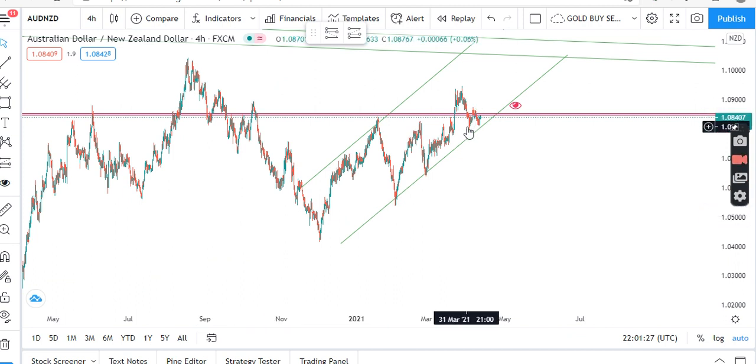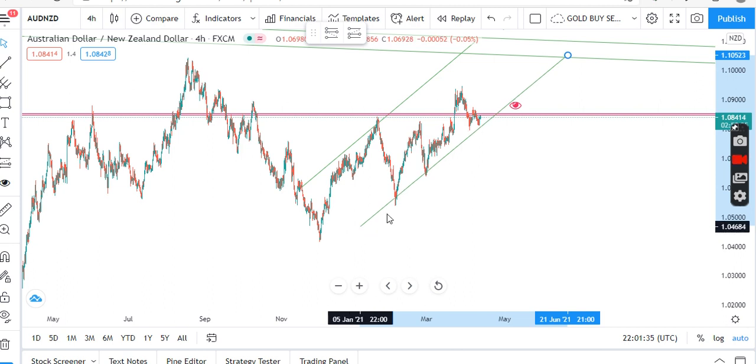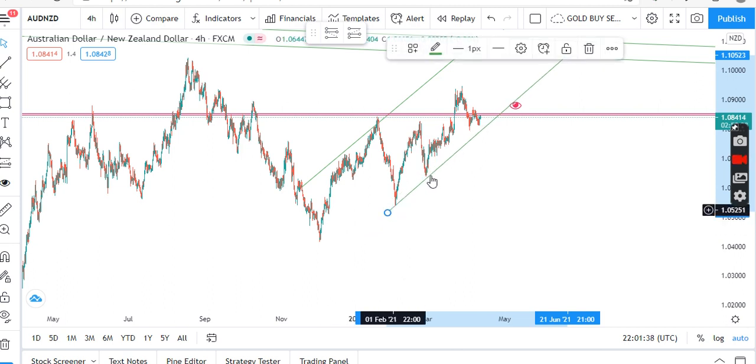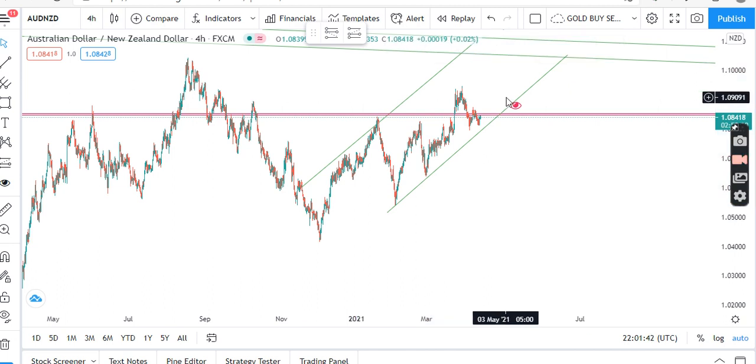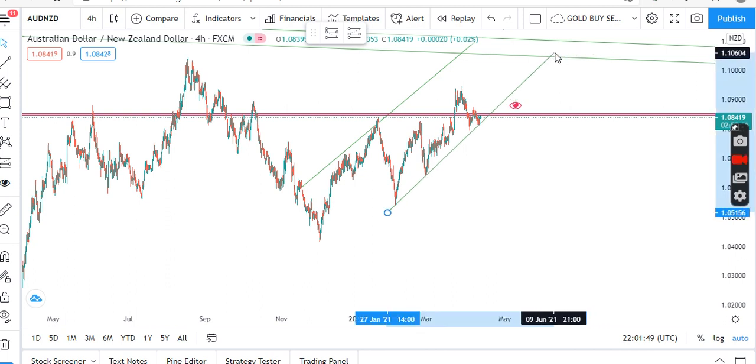So as you can see here, we had a touch here and a touch there, and this was happening at our trend line here. We had two touches, actually three touches. So if you can connect, you can move this a little bit there.